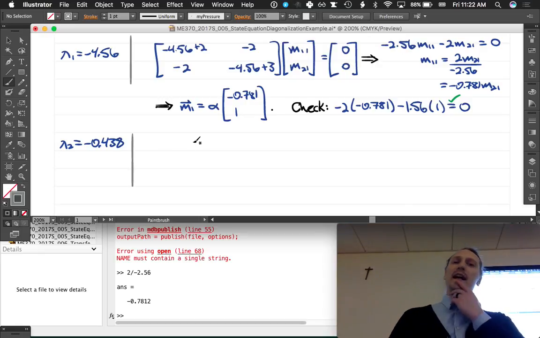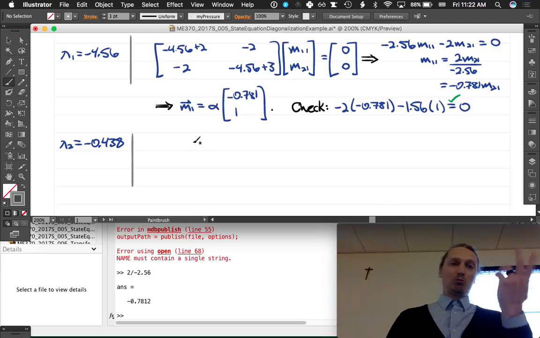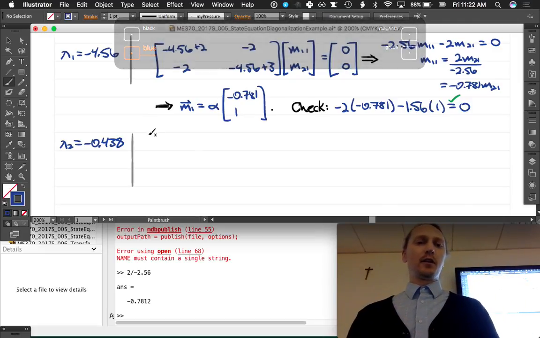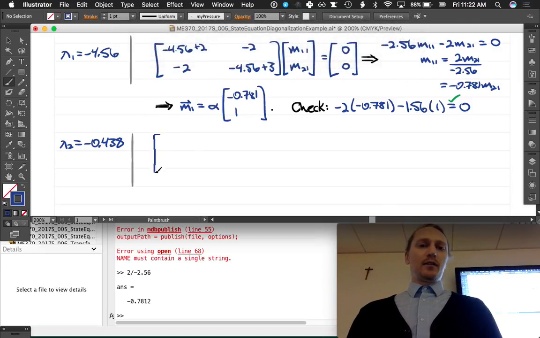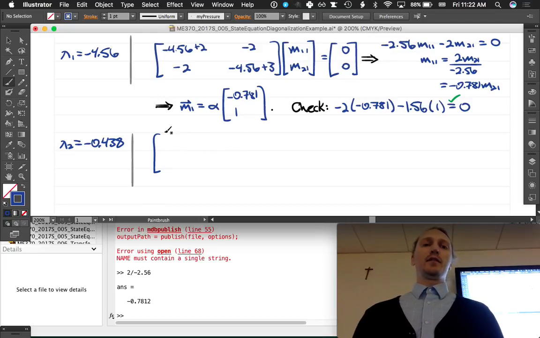So this is the second eigenvalue, right? And we can go ahead and do our plugging in. So this one is going to look just like this, except for wherever you see negative 4.56, we're going to be putting in negative 0.438.